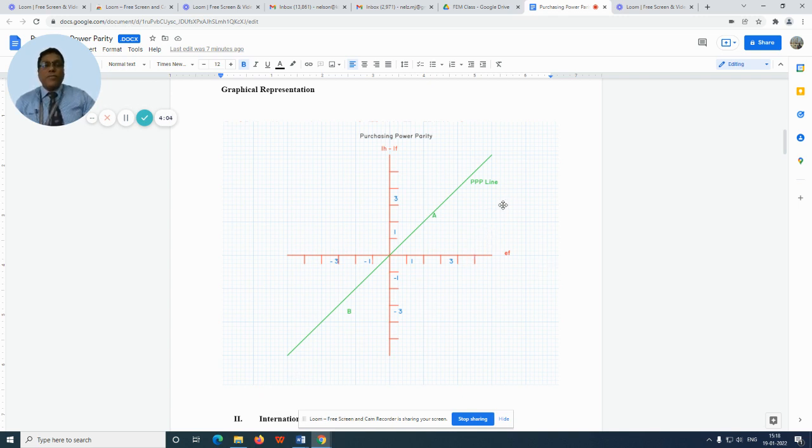On this line, there is equilibrium in the price of the product in two different related countries. So above this line, in case we get any particular point, it means that there would be more imports into the home country. And below this line, if we get any particular points over there, it indicates that there would be exports to the foreign country.